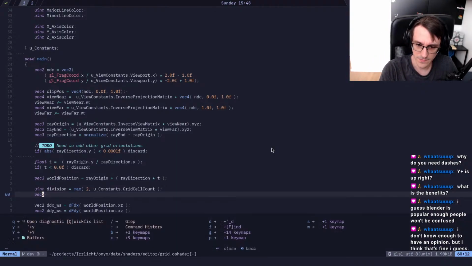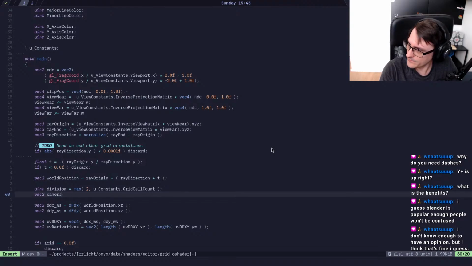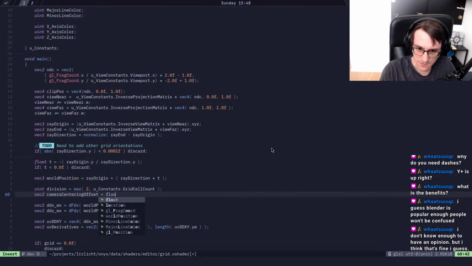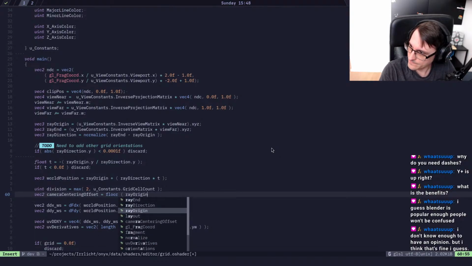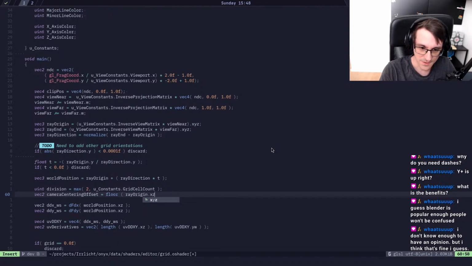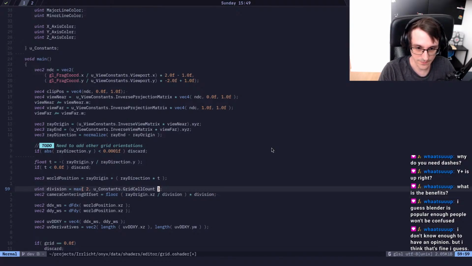Vec2 camera centering offset, which is the same that he had in his vertex shader, is a floor between our ray origin xz divided by this division times this division. So that basically clamps it into the range of this.